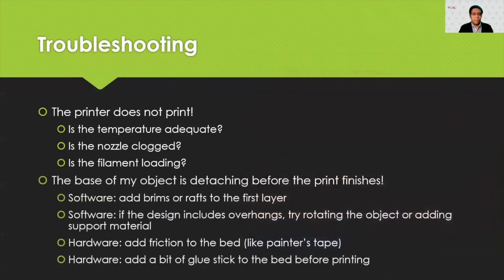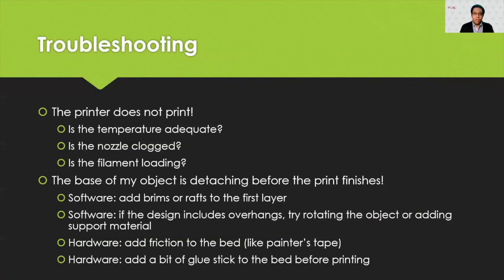Now, if the base of the object or the first few layers of the object are detaching before the print finishes, there are a few things that we can try for our next trial. First, by software, we can add brims or rafts to the first layer, as we saw in the video. Or, if our design includes overhangs, we can try rotating the object or adding support material.